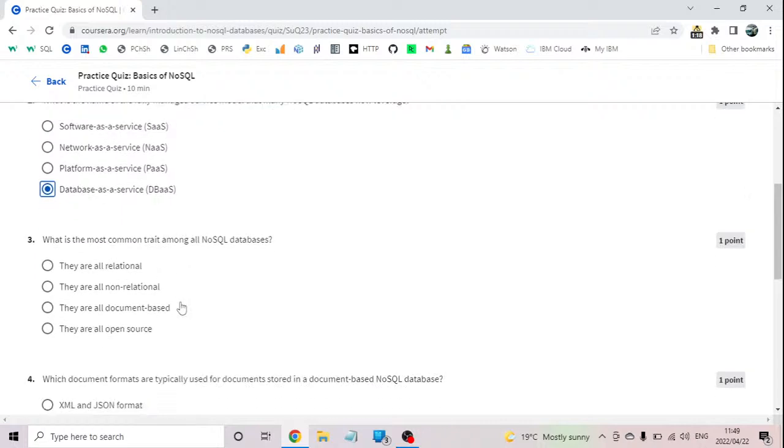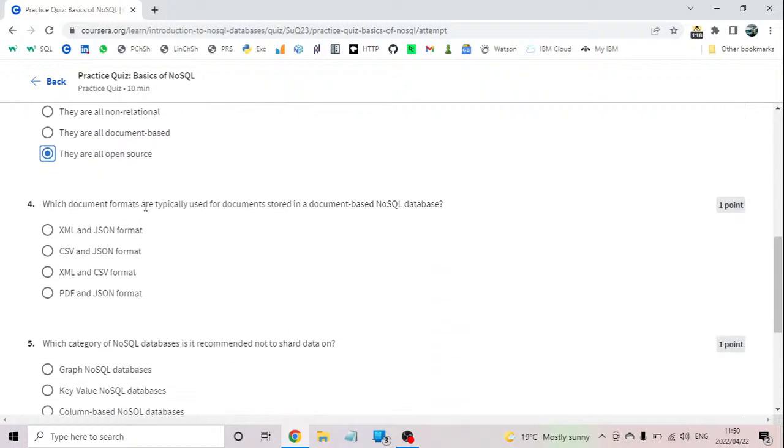What is the most common trait among NoSQL databases? Which formats are typically used for documents stored in a document-based NoSQL database? Oh, that's easy. That's just this.